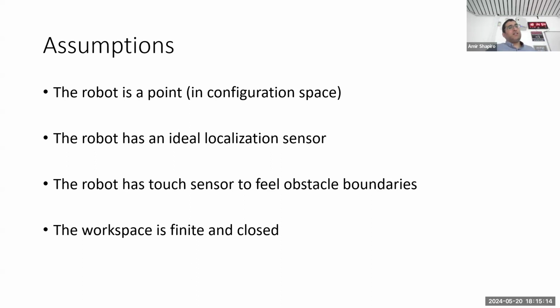So the assumptions are as follows: the robot is a point. We do not consider the size of the robot, or we can say it is a disk, and then we inflate the obstacles by the radius of the disk, so the center point of the disk can go only around the obstacle. The robot has an ideal localization sensor, so it knows where it is all the time.